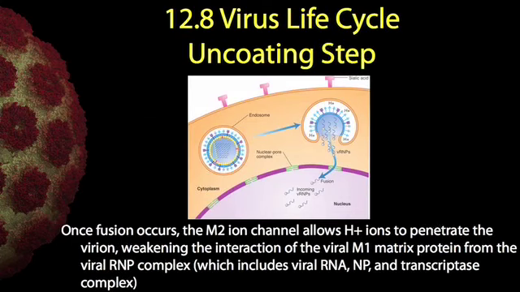As the fusion process is going on, that M2 ion channel, which is on the surface of the viral particle, transports hydrogen ions inside the viral particle, and that releases the viral RNA, which is normally bound to the capsid. So without the M2 ion channel, the virus can't uncoat. So the viral RNA will remain stuck inside the virus.